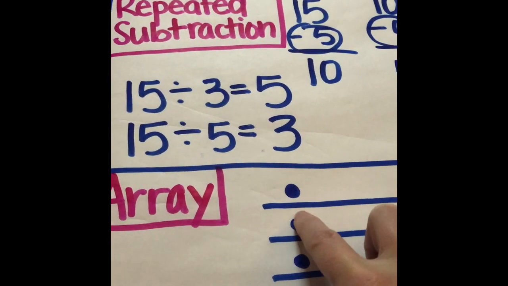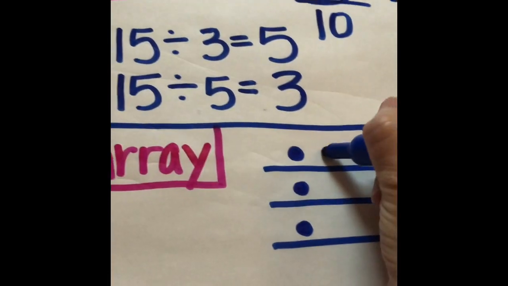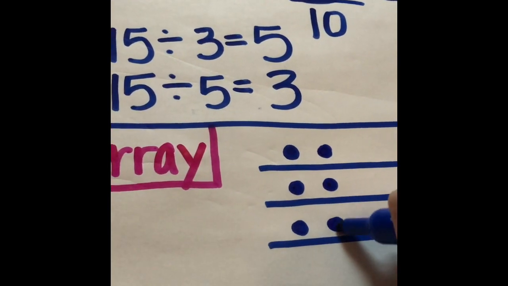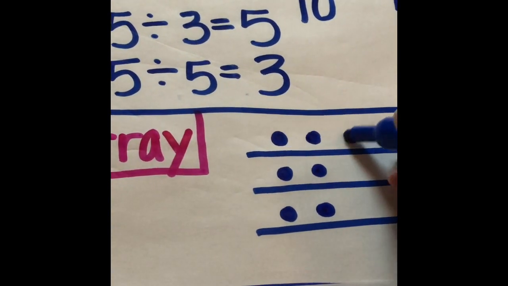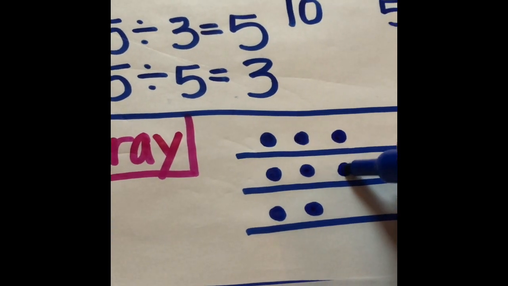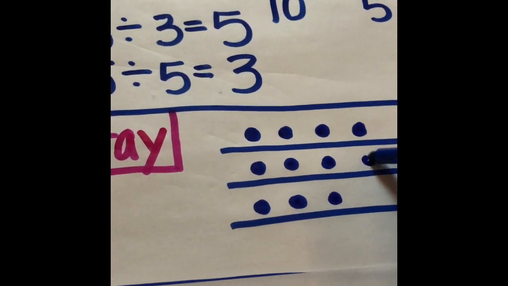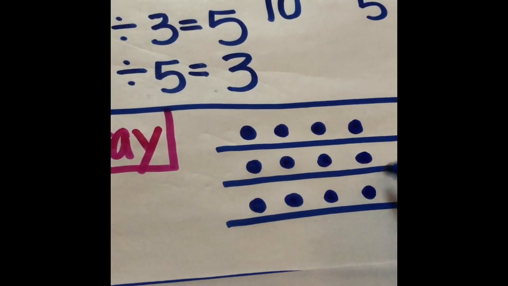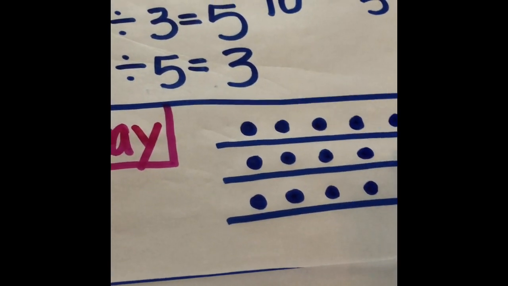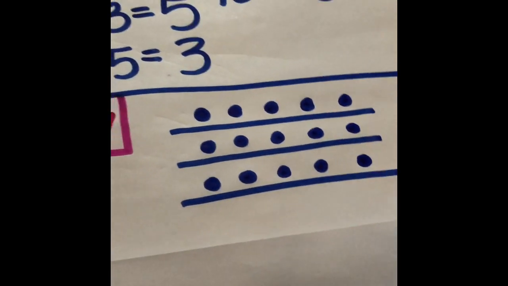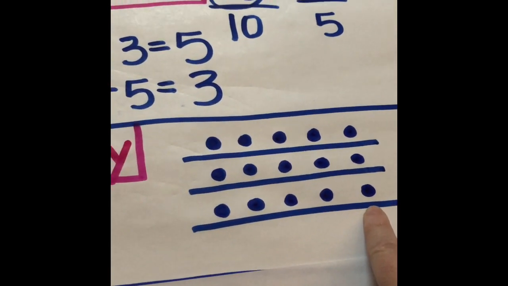So I'm at 1, 2, 3, 4, 5, 6, 7, 8, 9, 10, 11, 12, 13, 14, 15. So now I know I have to stop because I got to 15.